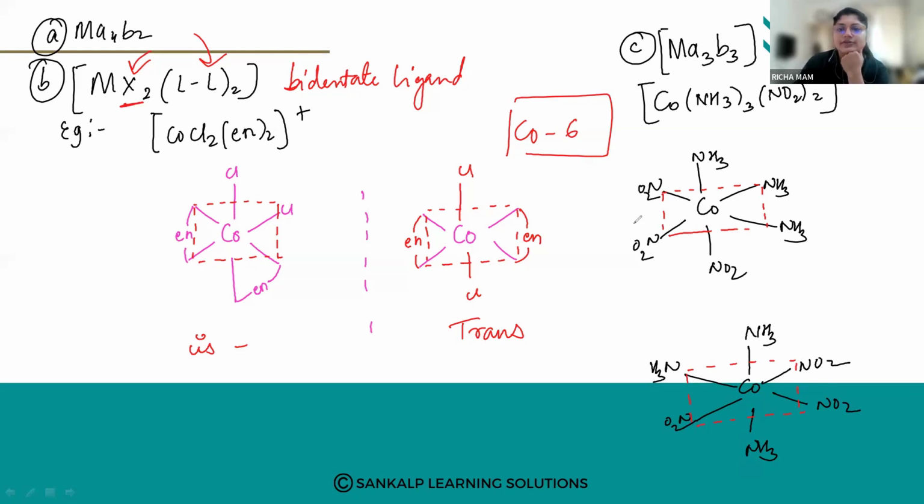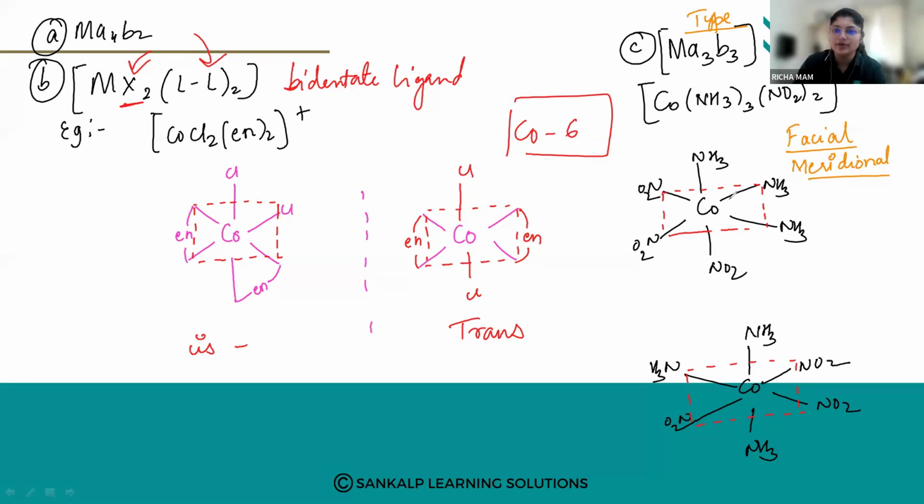Now here you can see that when you have MA3, B3 type of this, it gives rise to different arrangements. You will see something called facial arrangement and meridional arrangement. So whenever you have MA3, B3 type of ligands in the coordination number 6, you are going to see facial and meridional.